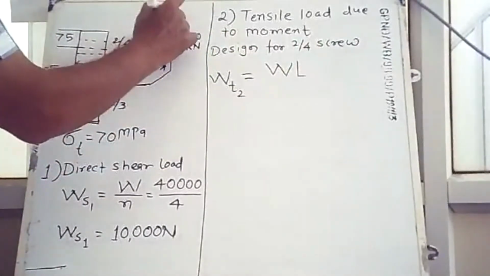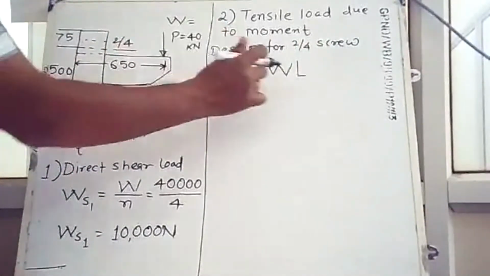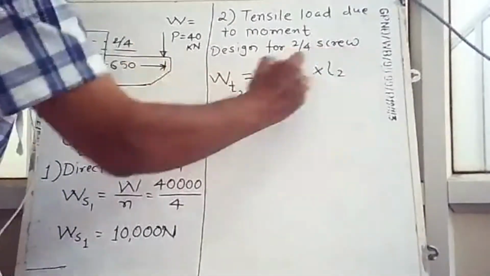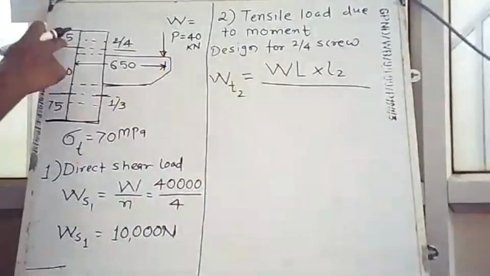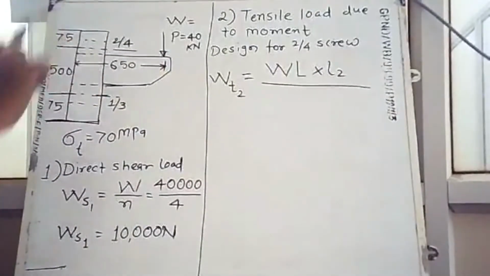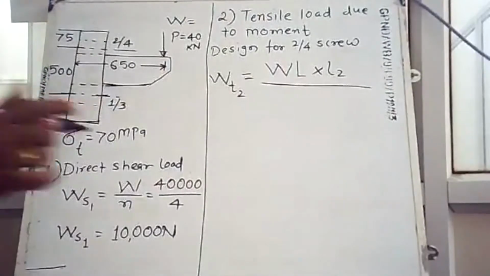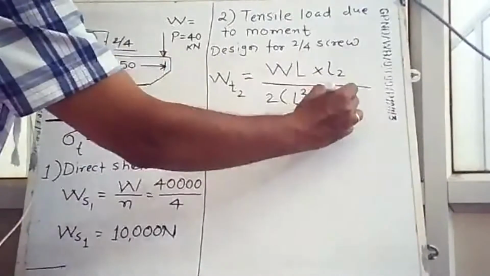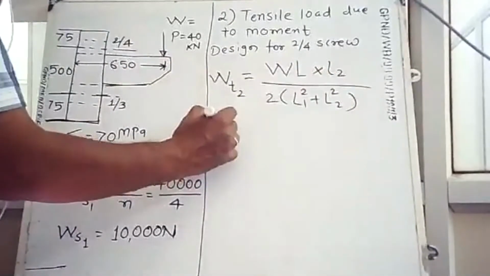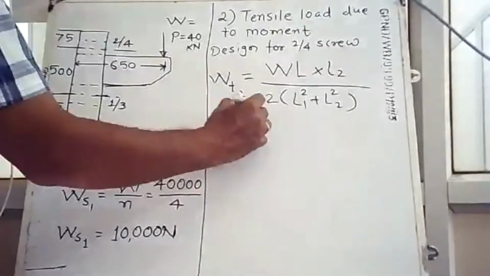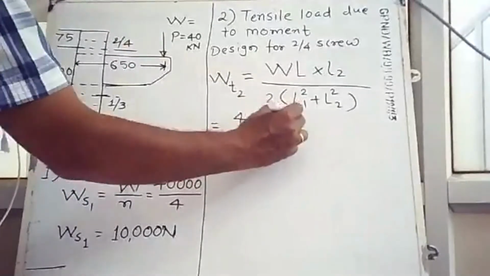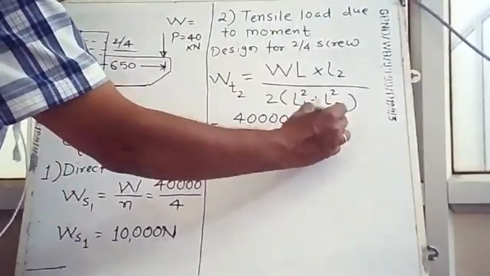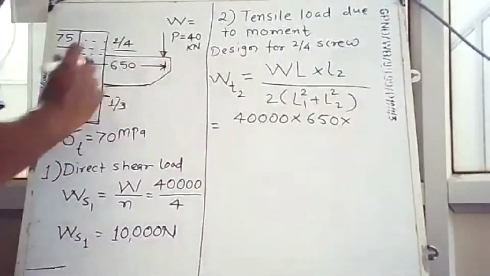So here P means W, into L, 650 into L2, for the L2 we have to take because second is here, so this is L2 distance, divided by 2 times L1 square plus L2 square. So that we can find: 40,000 is the W into L, L is 650, into L2 distance.